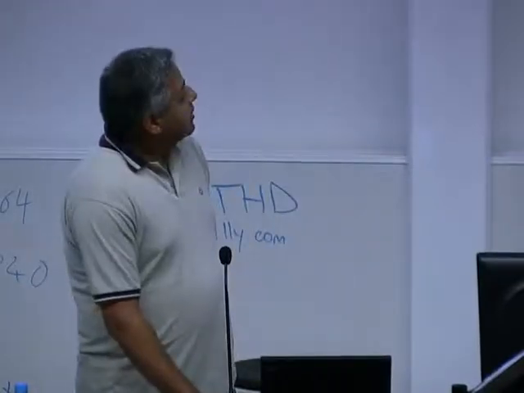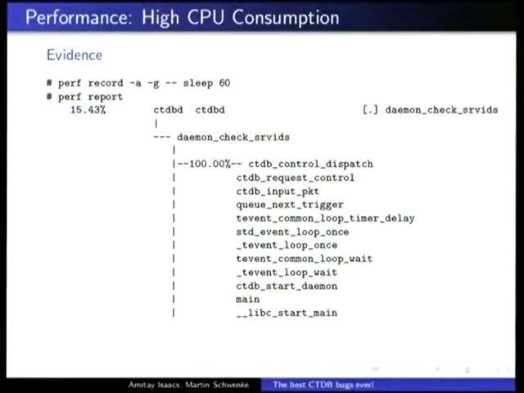We record a snapshot for about 60 seconds and then see what it reports. The perf snapshot is recorded across multiple CPUs, so 15% really corresponds to 100% on one CPU. And during that entire time, it's really spinning in one function.